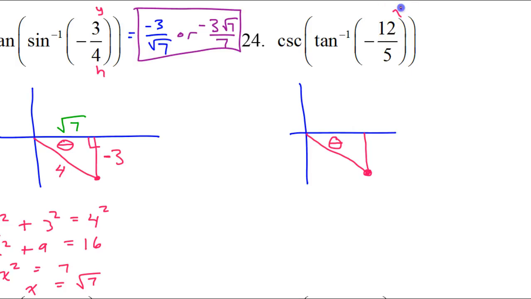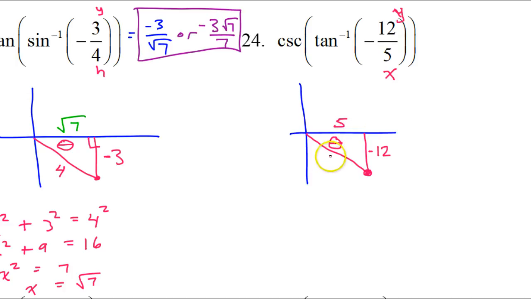That's like saying y over x. If this is going to be my y, the 12, it has to be a negative 12 because it's going down. The 5 is my x. That's going to be positive. So negative 12 over 5, that's what we have there.